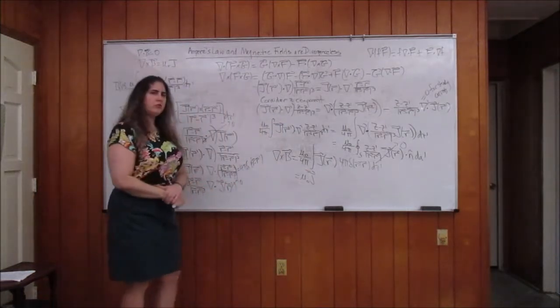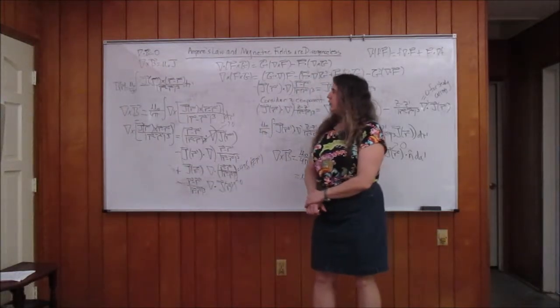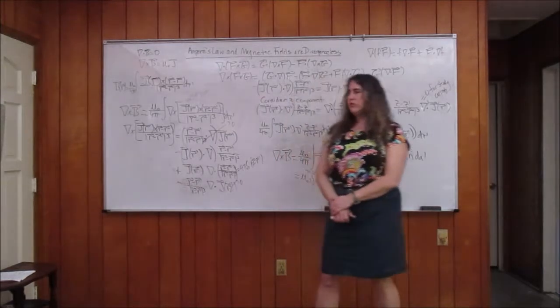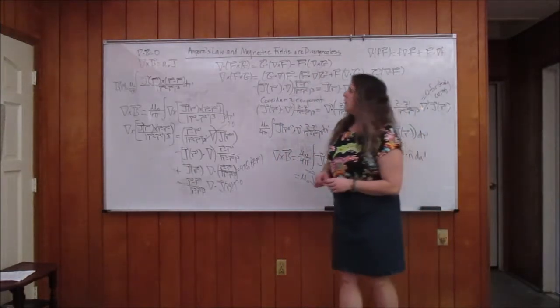Now we've shown two equations hold. The first is that the magnetic field is divergence free. The second is that the curl of the magnetic field is proportional to the volume current density.